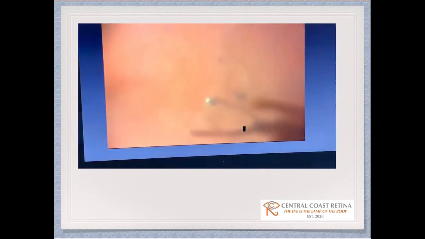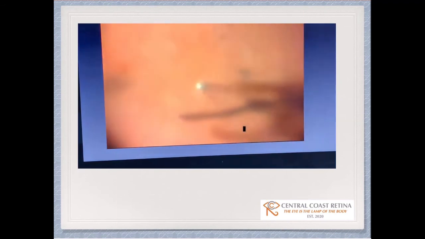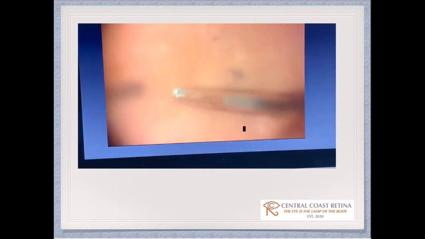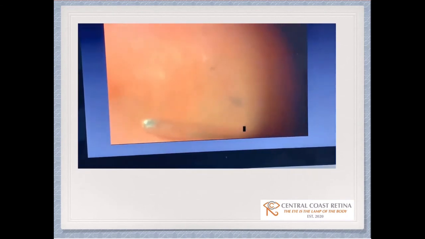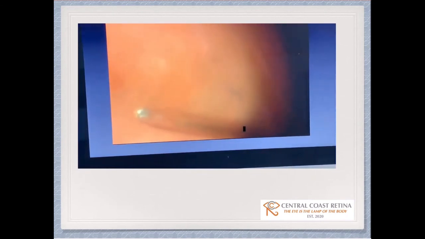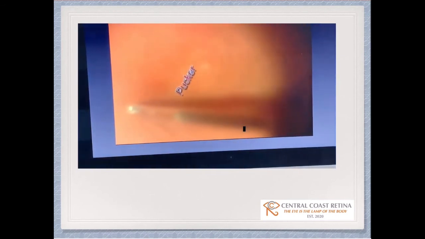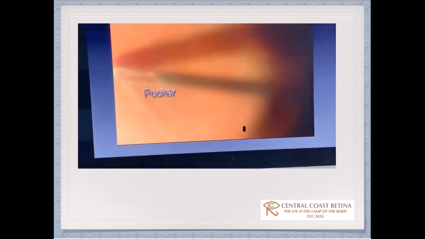And you want to peel it off in a continuous circular motion so it doesn't leave any residual traction on the retina. You can sort of see the edges coming off here in a circle. And that's what we call a macular pucker, because it actually puckers the retina.